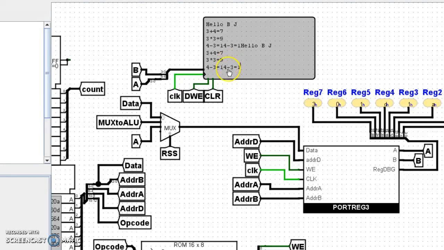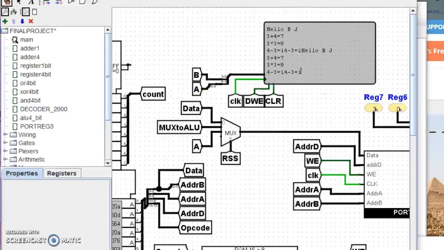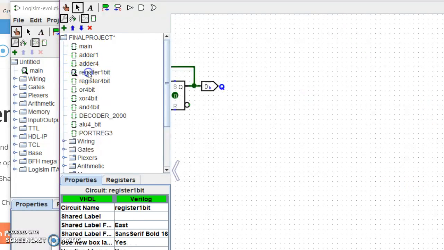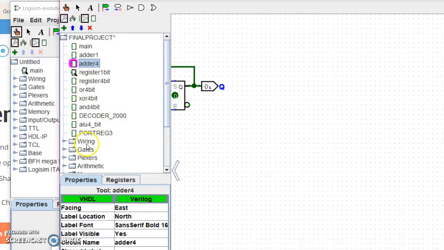But yeah, it was those things, and I think my hardware's fine. Just on the hardware side of things, let me get there real quick.